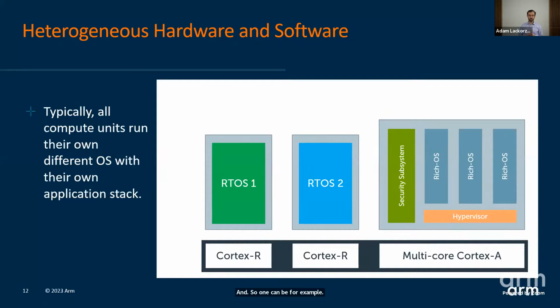And the multi-core Cortex-A processor definitely runs a different kind of software stack. There might be a hypervisor in there, might not be a hypervisor, or just a rich OS, but it's definitely something very different from what is running on the Cortex-R side. And the point really being is that the software developed for such systems is very tailored and very much adapted to the particular hardware.